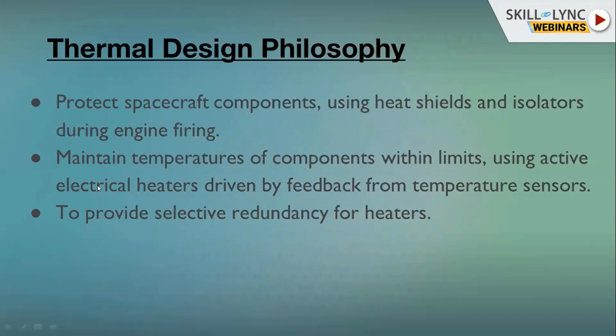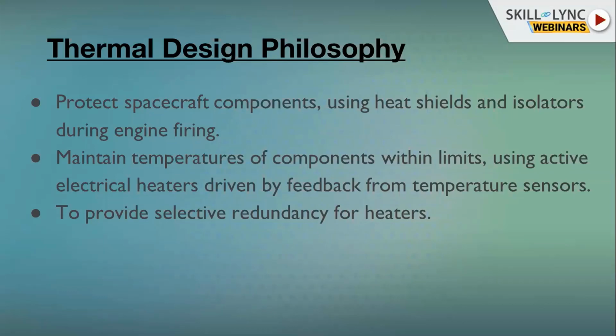Now you need to maintain the temperature of some components which are on the shadow side because they'll otherwise be running at very low temperature. For that you need a feedback system, basically a thermostat in which you can set the cut-off and cut-in temperatures for the component. Let's say the battery is one of the most important components, which operates in a very narrow range, around 5 to 20 degrees Celsius.